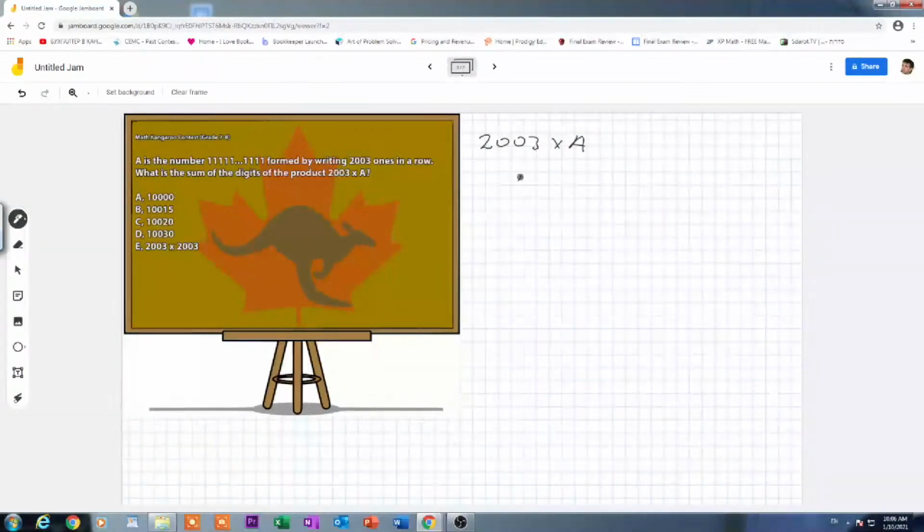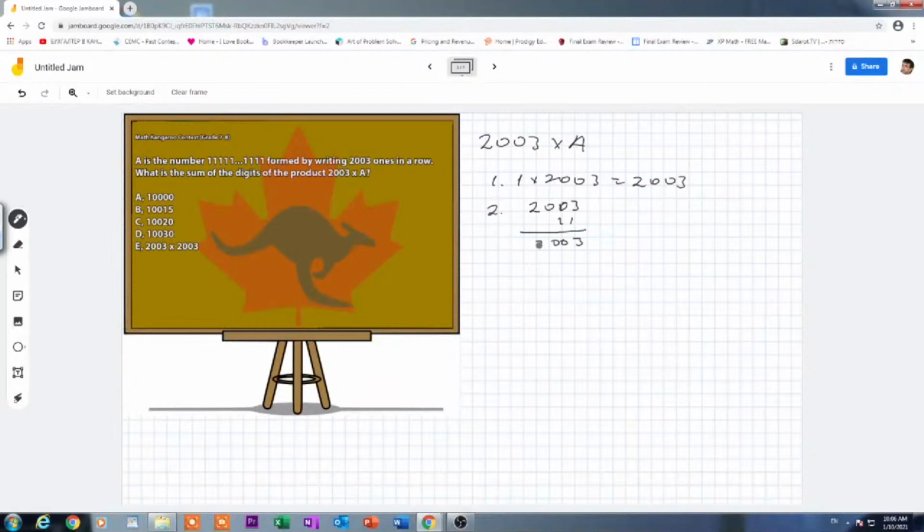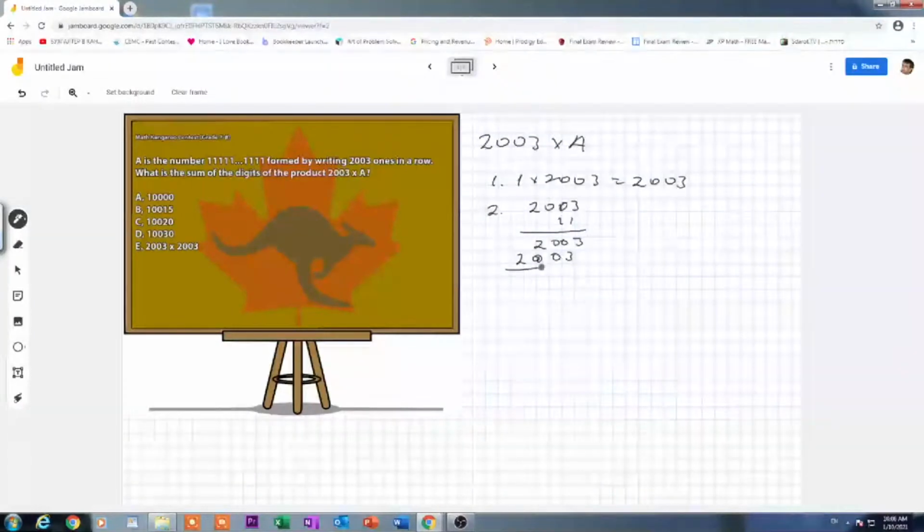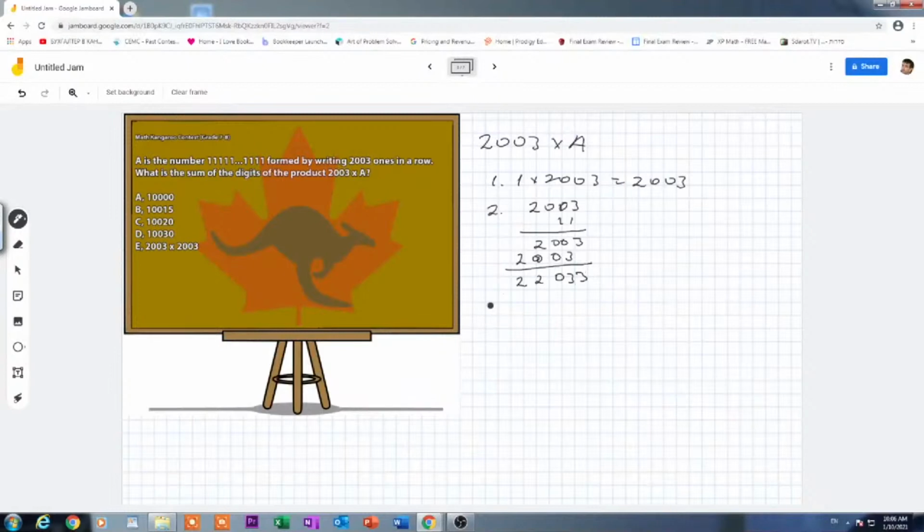So if we multiply 1 by 2003, we get 2003, right? Next, if we multiply 2003 by 11, we get 22033. Okay, so let's try next step.